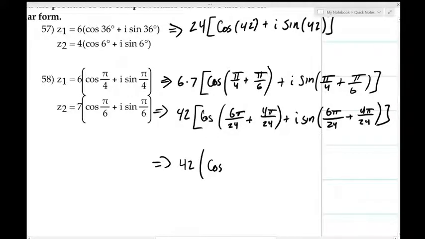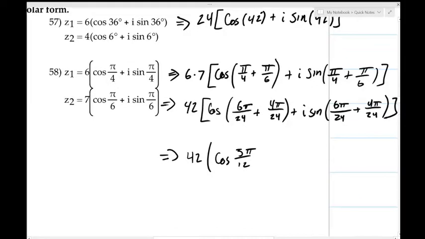If we have 10 pi over 24, we can divide both by 2, leaving us with 5 pi over 12, and that doesn't simplify anymore, plus I sine of 5 pi over 12, and that should be our final expression.